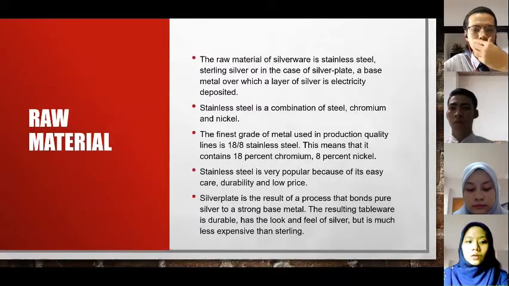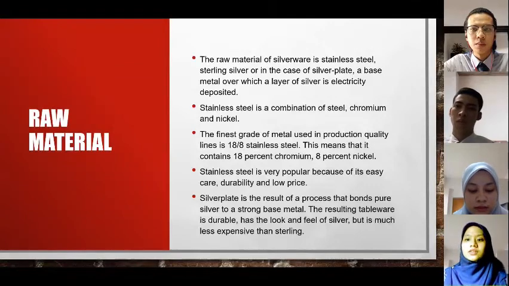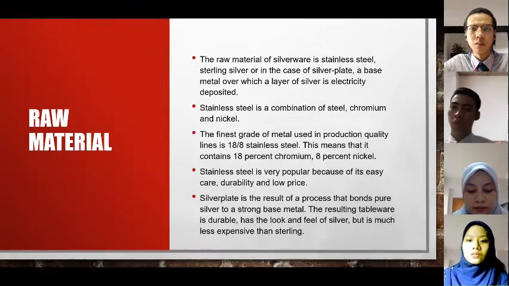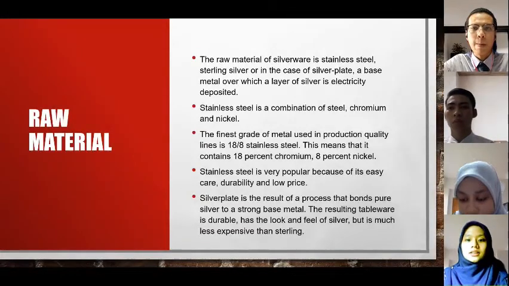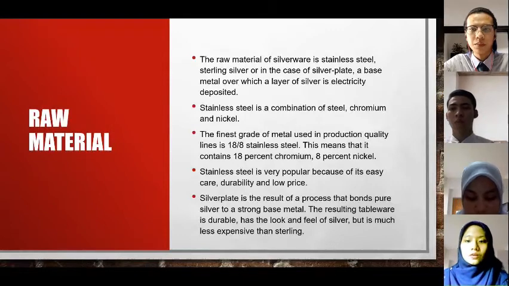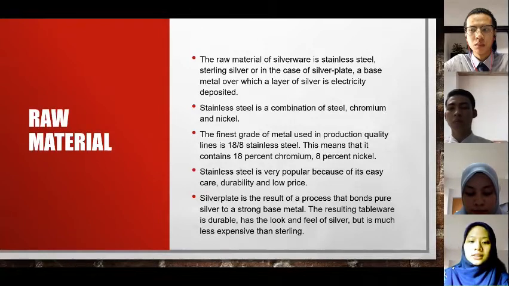And next, raw material. The raw material of silverware is stainless steel, sterling silver, or in the case of silver plate, a base metal over which a layer of silver is electrically deposited. Second, stainless steel is a combination of steel, chromium, and nickel. Third, the finest grade of metal used in production quality lines is 18/8 stainless steel.